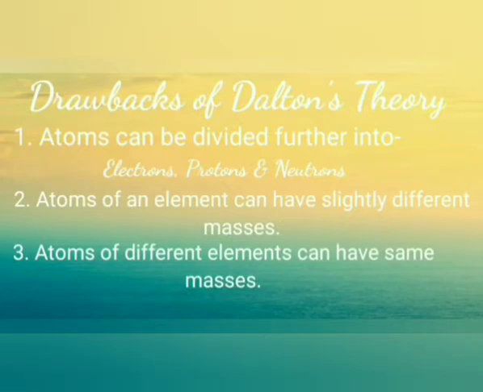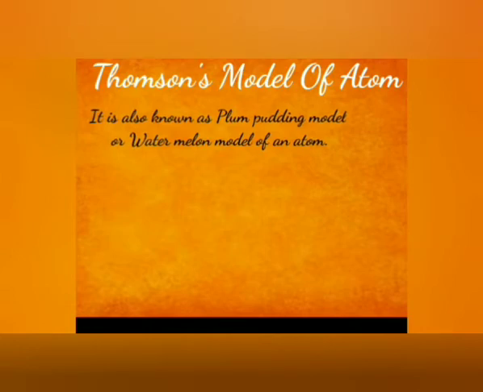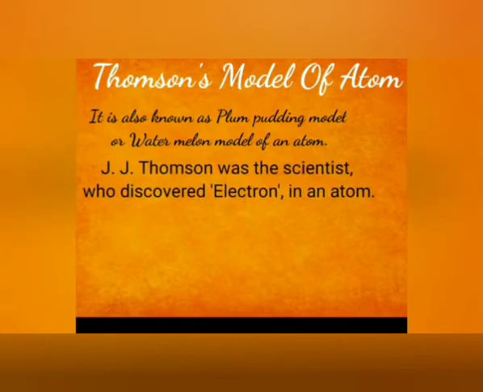So let's study the next atomic model. The next atomic model which we are going to study is J.J. Thomson's model of an atom, because Thomson was the scientist who discovered the negatively charged particles present in an atom. His model is also known as the watermelon model or plum pudding model, because it resembles the appearance of watermelon or plum pudding.